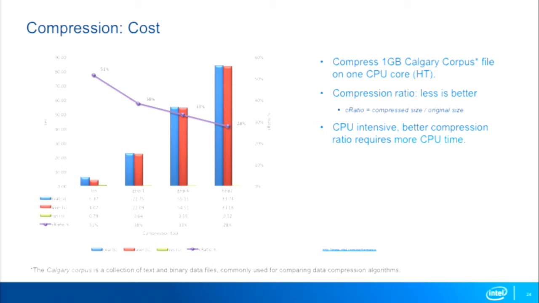And so in this case, they did LZO and GZIP and BZIP2, and the line is the CPU utilization. And so when you use the higher compression levels, you're spending all your time doing compression, really.